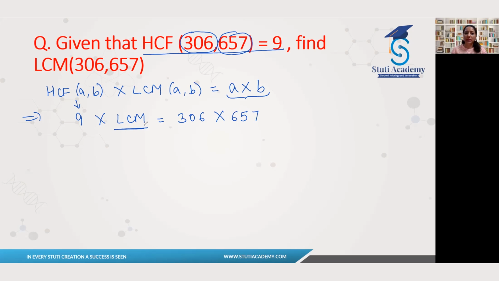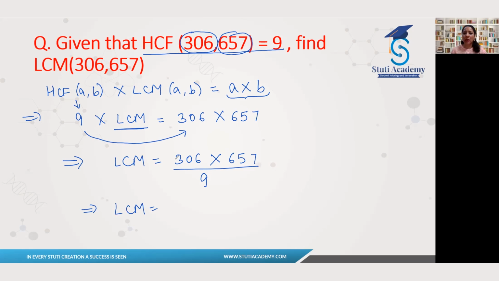Now we need to solve for the LCM here. I'm going to take 9 on the other side and this will get divided. So I'll get LCM is equal to 306 multiplied by 657 over 9. From here, we can cancel out this 306 and 9. So this is going to go 34 times.